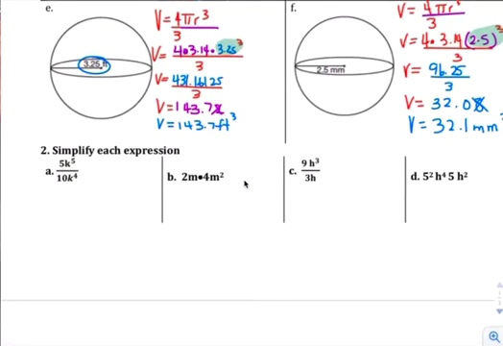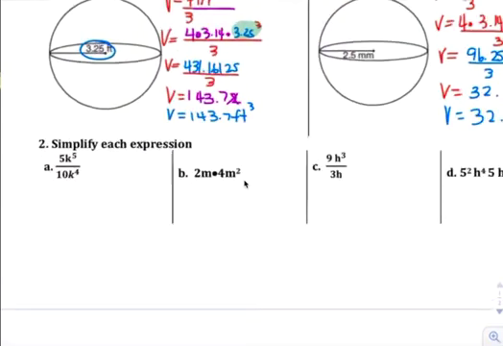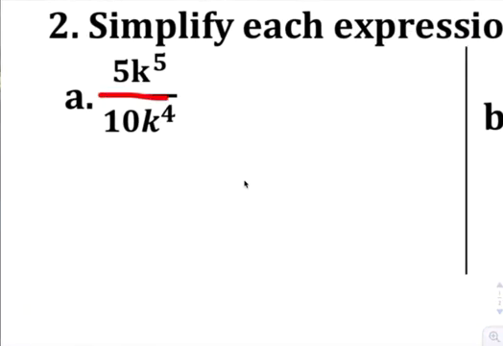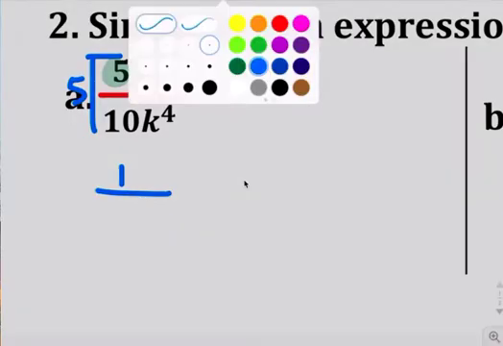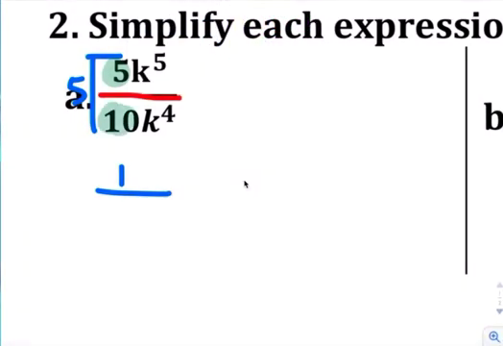Okay, now that should help you for volume. Now to do the review part. Remember, when you're dividing with exponents, you have to subtract. First simplify the 10 and 5 by dividing by 5. 5 into 5 is 1. 5 into 10 is 2.